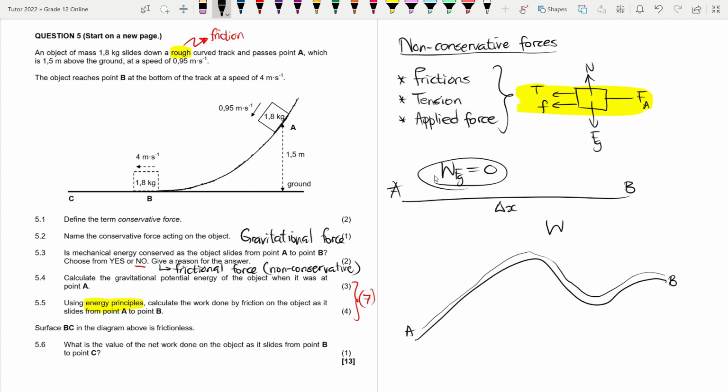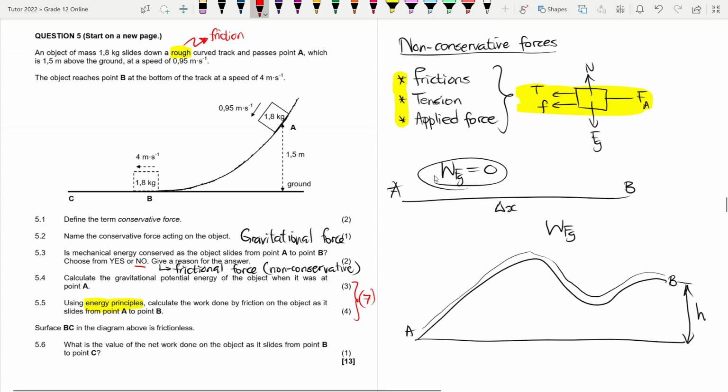But the work done by Fg only cares about the height between A and B. It doesn't care about anything else on the path, only the height from A to B. So if you happen to forget what your non-conservative forces are, with the normal force, the direction of the force isn't going to change as you move along that distance, so it doesn't count as a non-conservative force.